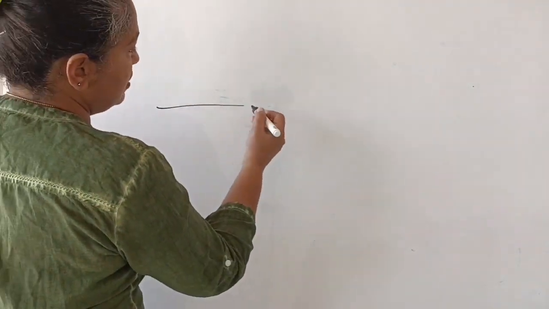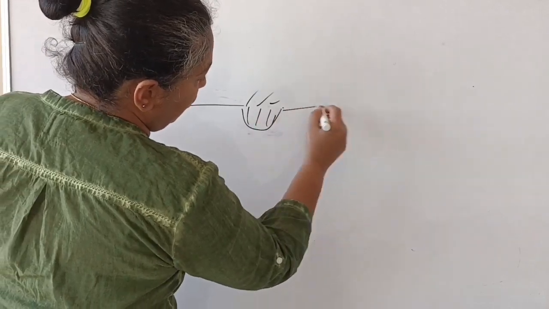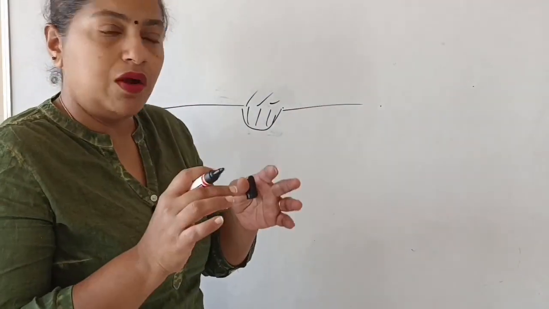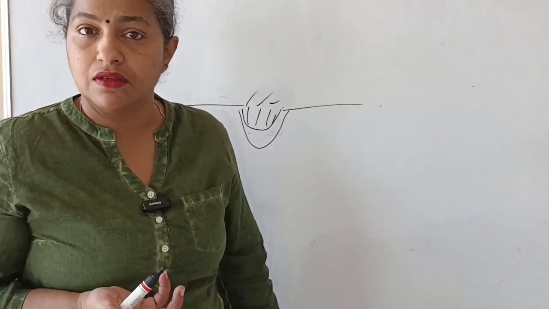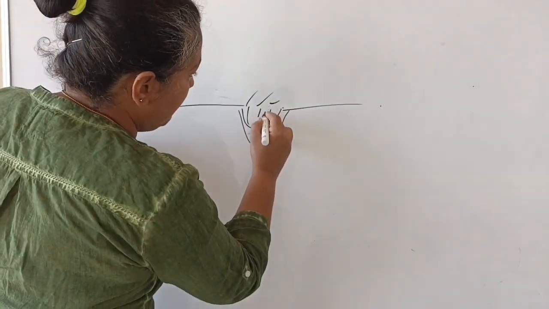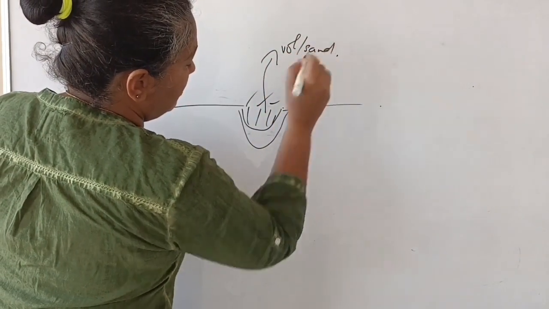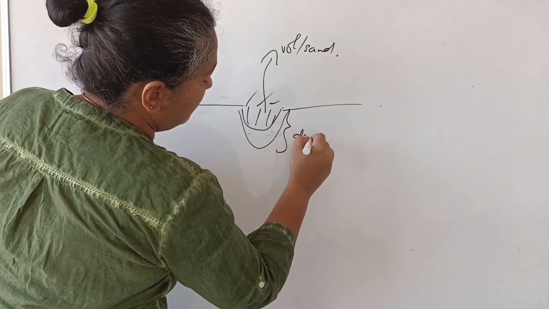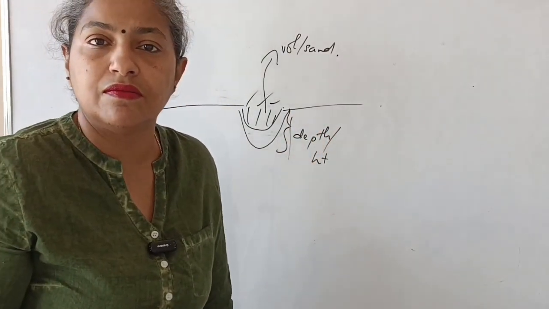So there is a land, you are taking out sand from here, and there is a pit over here. Now if you take out more sand, the depth of the pit will increase, right? Depending upon the volume of the sand that is taken, the depth or the height of the pit will keep on increasing.